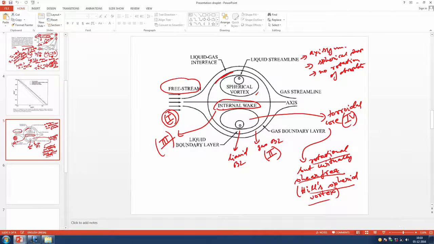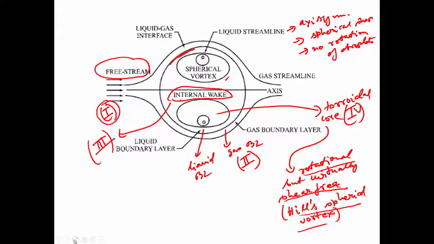Let us spend one or two minutes on this. If you recall this particular expression, and it is useful, you will find that this core that you see over here, this toroidal core, is basically rotational but virtually shear free.